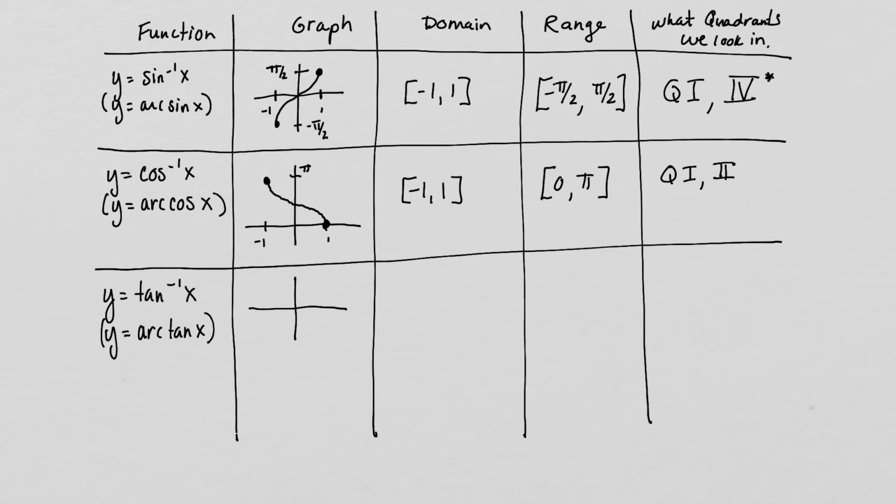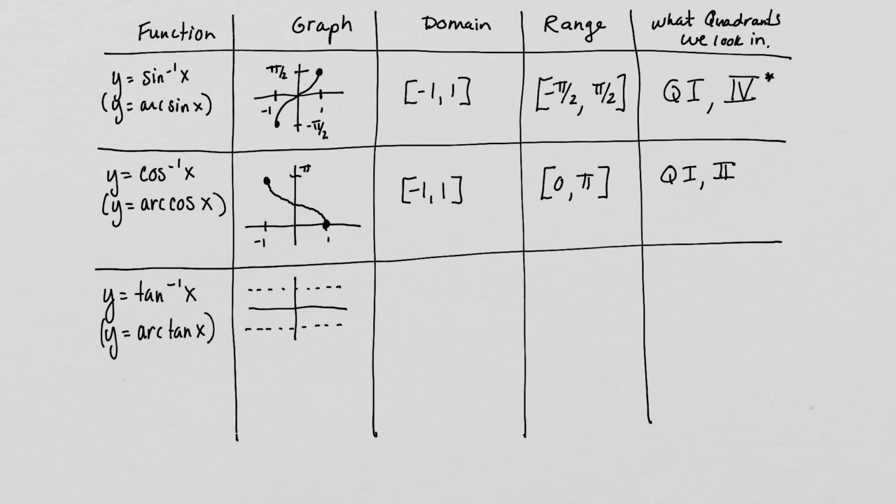When we do inverses, we're swapping the x and the y. So we had these vertical asymptotes, and when we swap x and y, things that were vertical now become horizontal. So we're going to have horizontal asymptotes here.